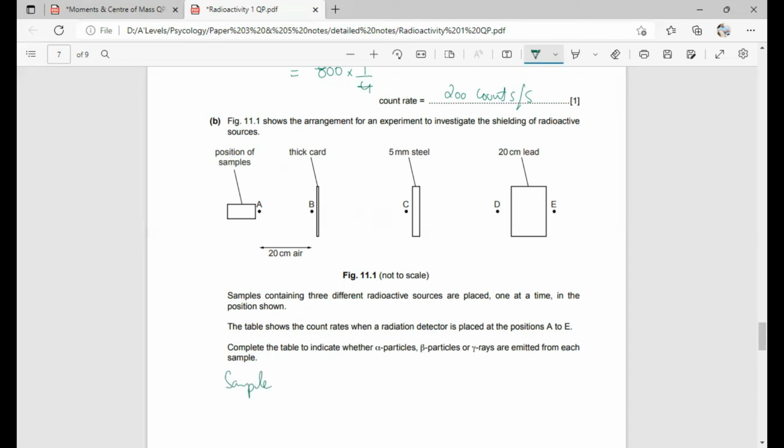Sample 1 carrying gamma rays, sample 2 carrying beta, and sample 3 carrying alpha rays.